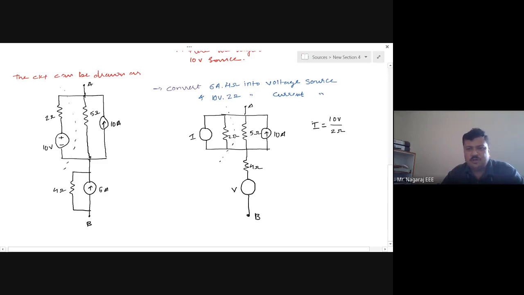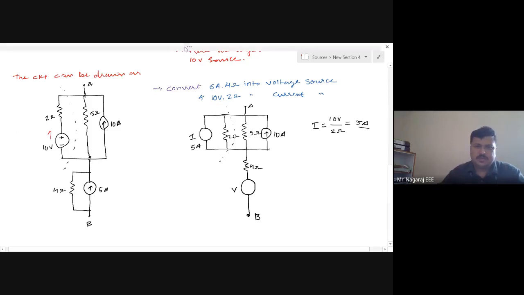So when I want to have a current source, the current source value is voltage of voltage source divided by resistance in series. So this will come out to be 5 amperes. So this current source is of 5 amperes. Now what is the direction? Now the direction of 10 volt is upward. See, the positive sign is upward.